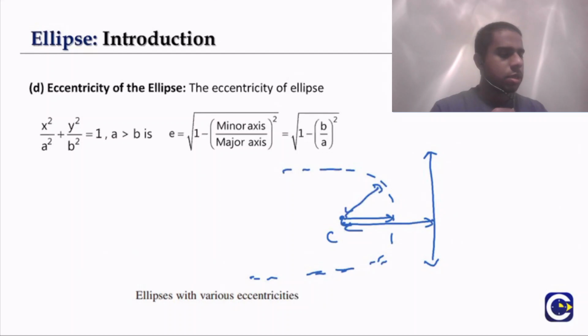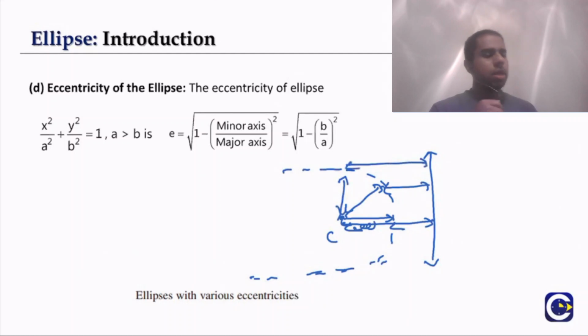So this should be in constant ratio always. If you draw points in such a way and connect all the points, then you get an ellipse.